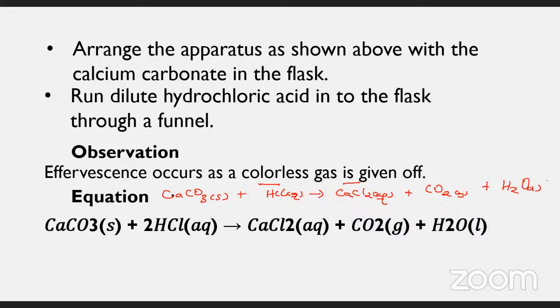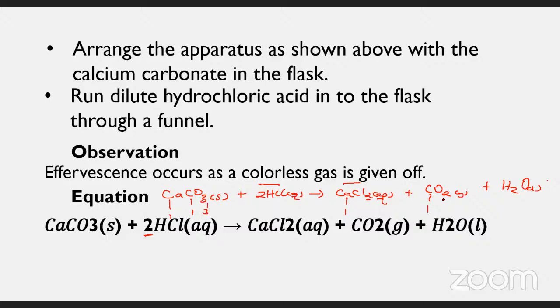Then we balance. At this side, we are having 2 chlorine atoms. We have these 2, so we need to even this side. That's why we put the 2 here. Then after that, we check again. Calcium, we have 1. This side we have 1. Carbon, we have also 1. This side also has 1. Oxygen, we are having 3.